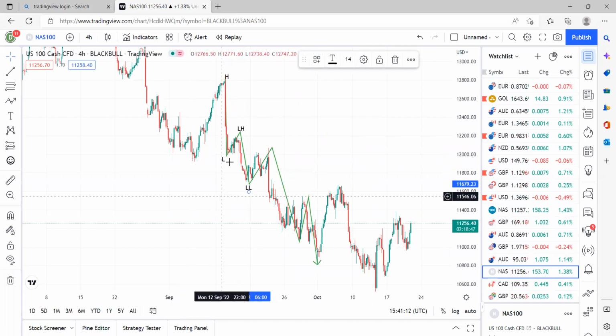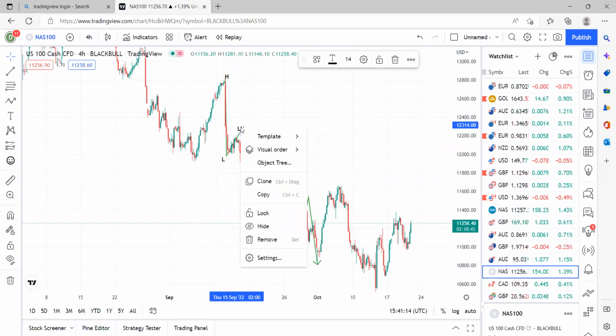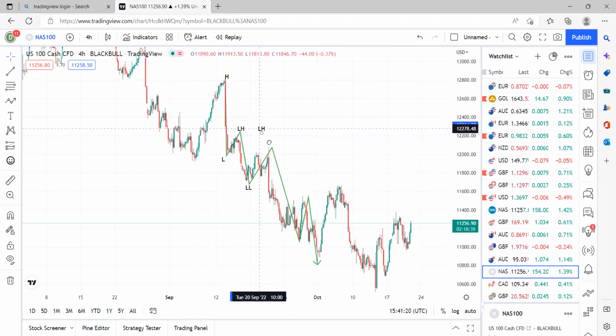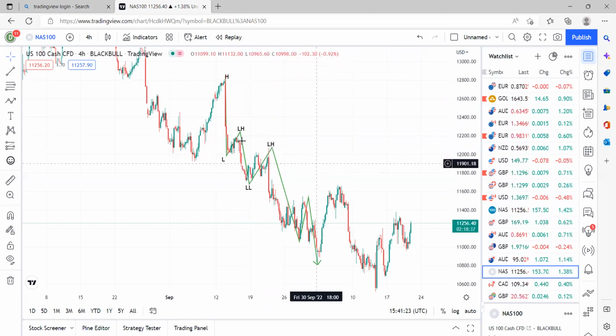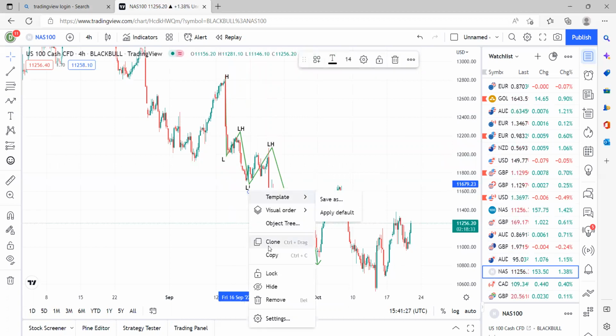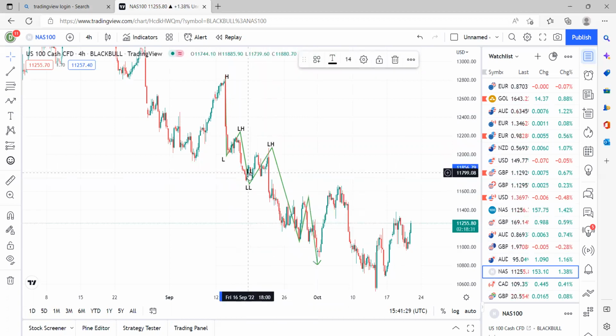And then the market continues in a downtrend, giving us a series of high, low, lower high, lower low, lower high, lower low, impulsively and correctively.